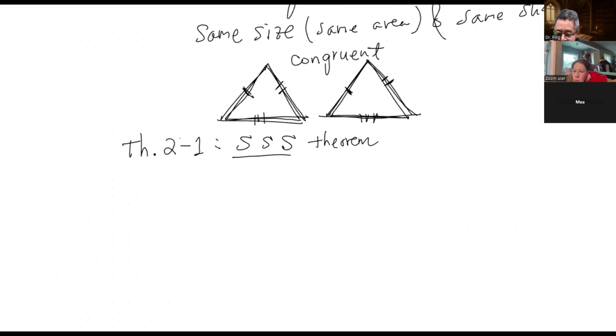And then we have theorem 2-2, called side angle side. Sometimes we don't need to know all three sides. We just need to know two sides and the angle between.